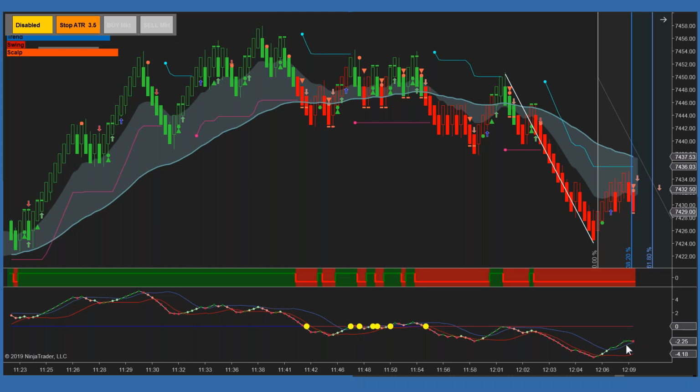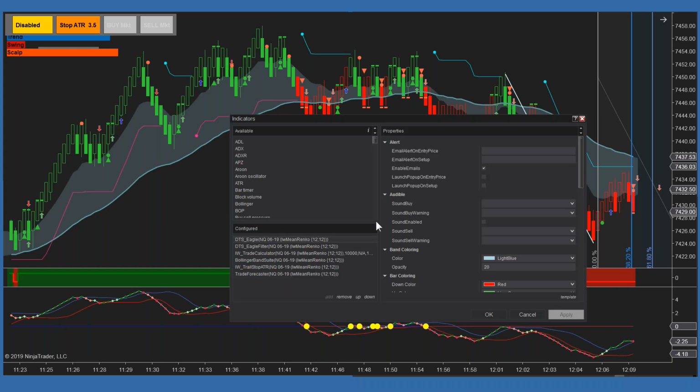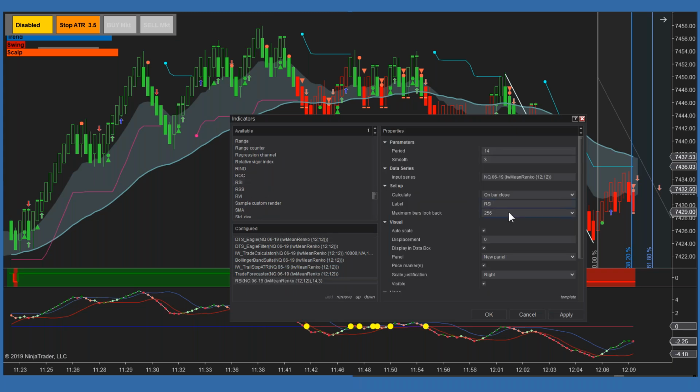Now you can see the Bollinger's not in sync here. I wonder if a different oscillator would help. We did a bit with RSI the other week. Let's put RSI back up here and see.